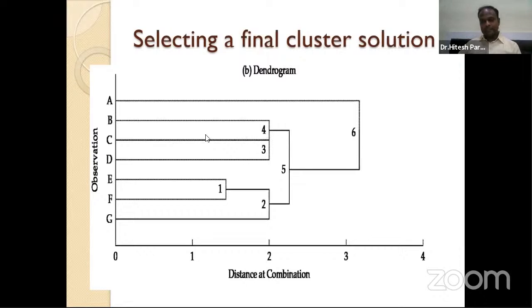Then in the next stage, B, C, D are combined with E, F and G. And at the final stage, respondent A is combined at a distance of, I think, 3.14 or something. So this is nothing but a representation of the process we have done. It is the same process, and the dendrogram is also representing the same thing.